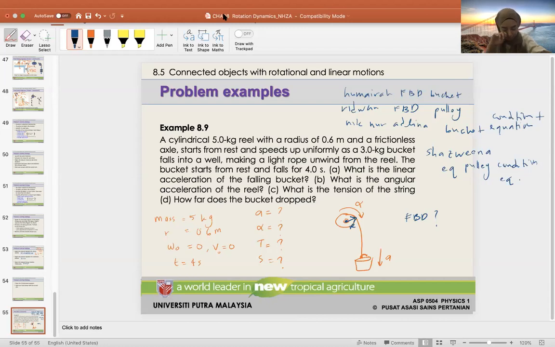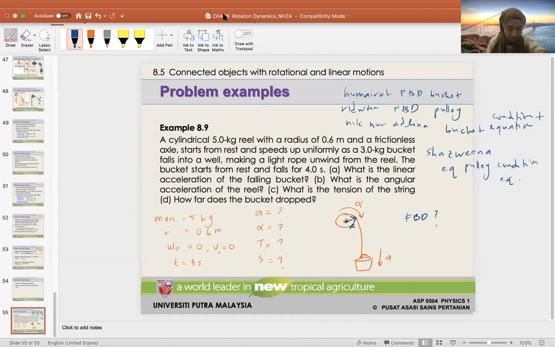What force is that? Kena tulis F apa? FT, doctor, sorry. The tension. Tension kan? Okay. Can you correct that? And delete balik yang ni supaya orang lain boleh refer nanti.